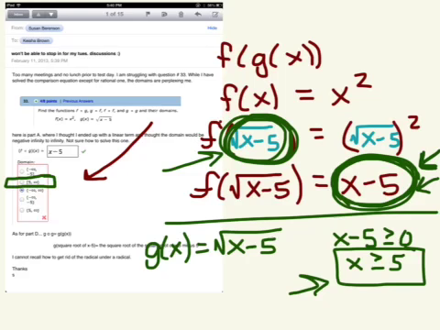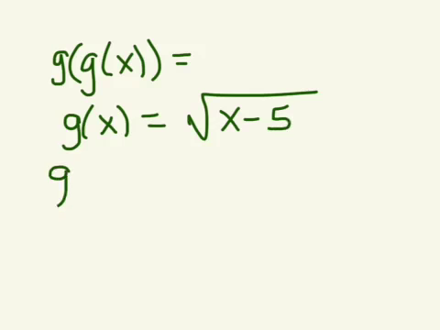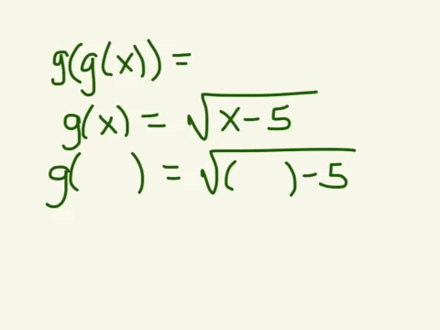So for your second part, g of f of x, g comes first, so that's the first function we write down. And we're taking x out, and you're substituting in the other function in its place.